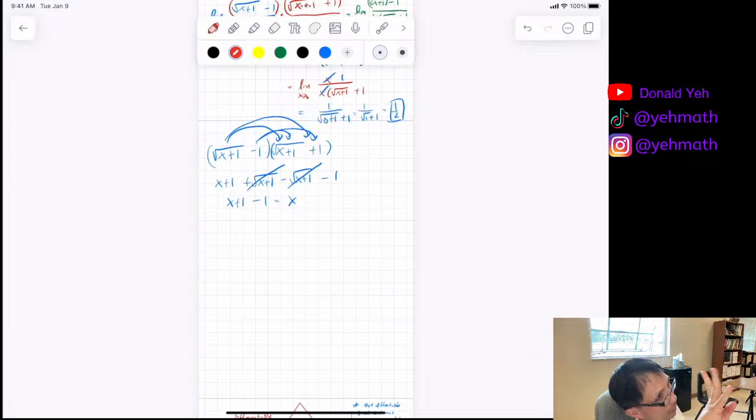So the four situations not differentiable, there are four. That's the first one, and that would be a better way to talk about a sharp turn, because the slope from the left is not equal to the right. That's two. That's not continuous.